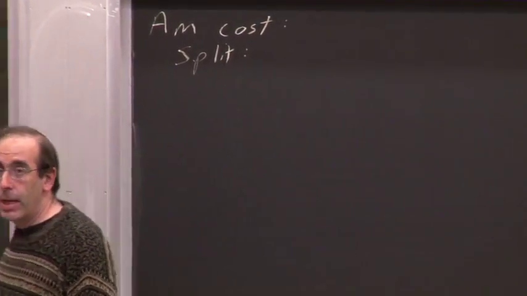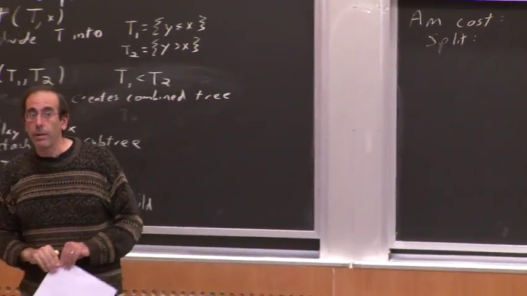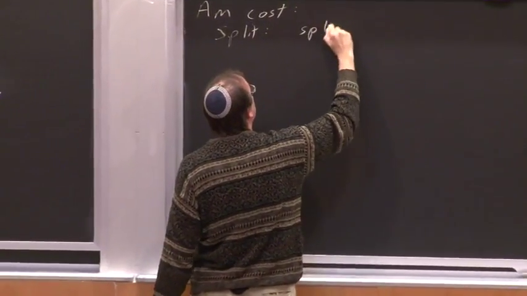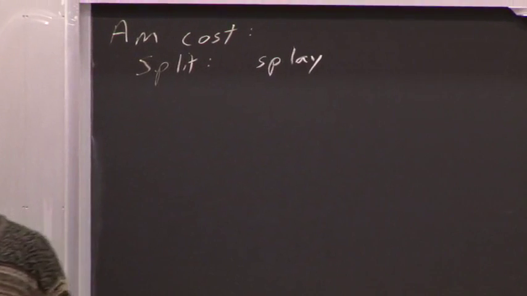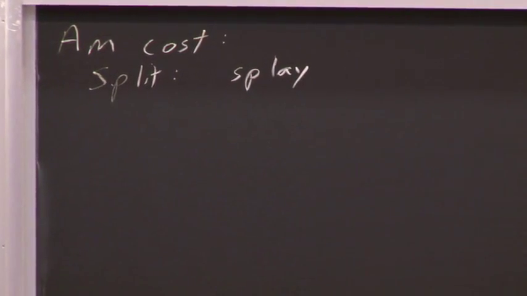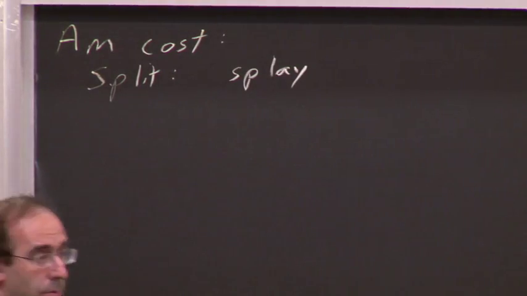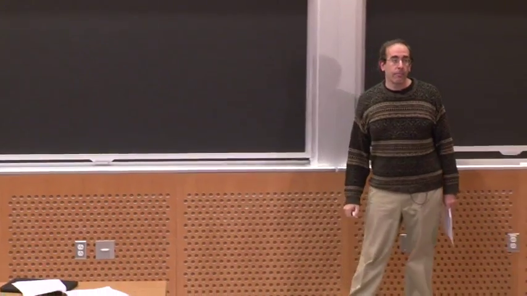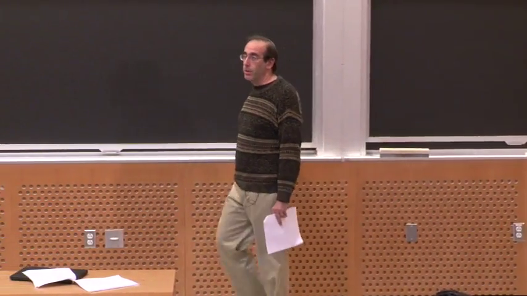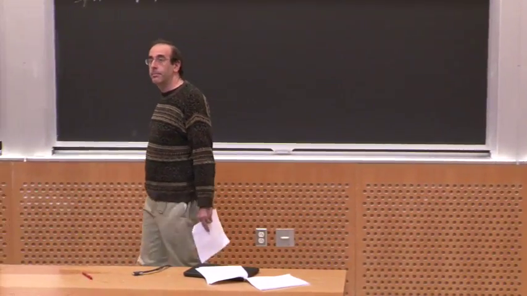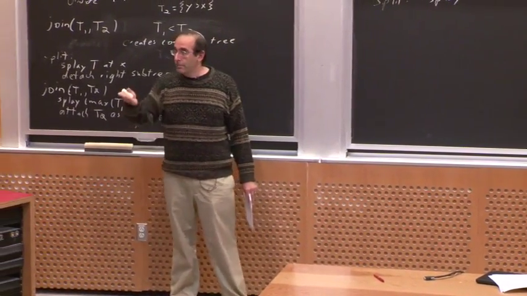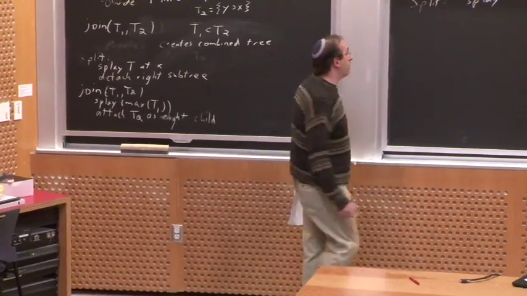Okay. What can we say about the amortized cost of splitting? Well, first we do a splay. And we know about the amortized cost of the splay. Right? Then what happens when we detach the right subtree of the binary search tree? Takes constant time, but what does it do to the potential? It lowers the potential, right?